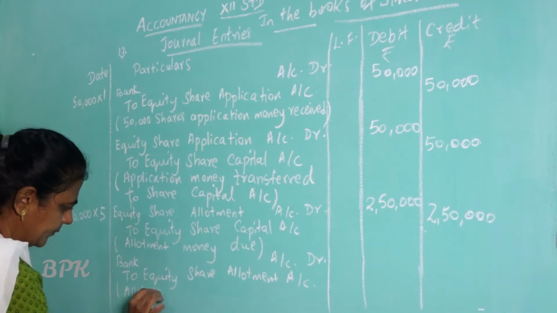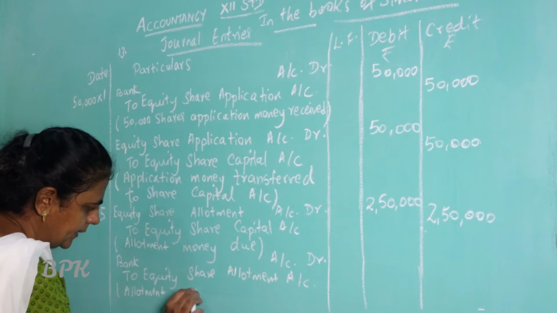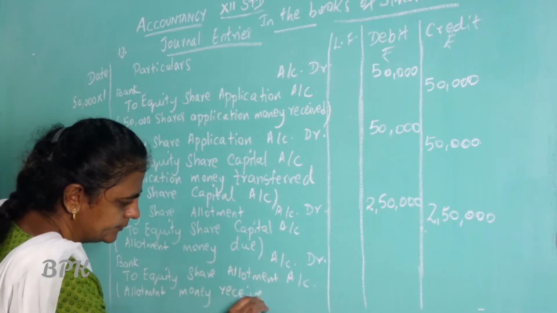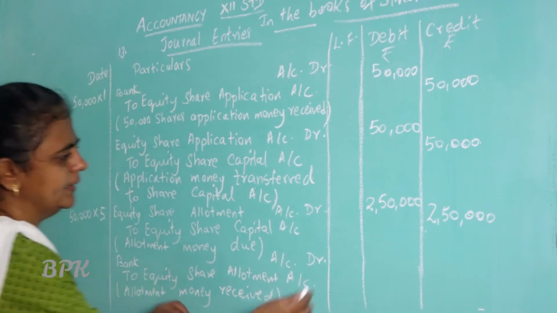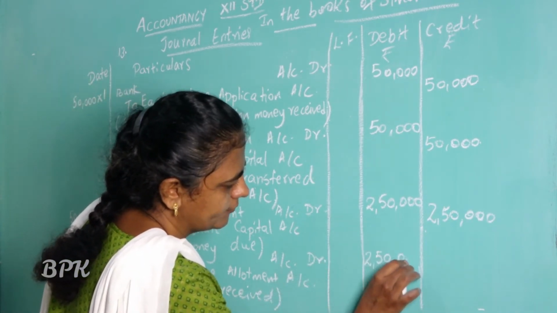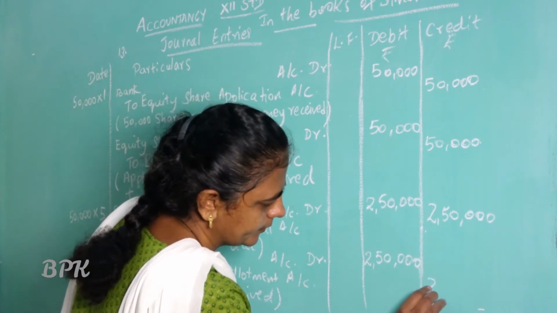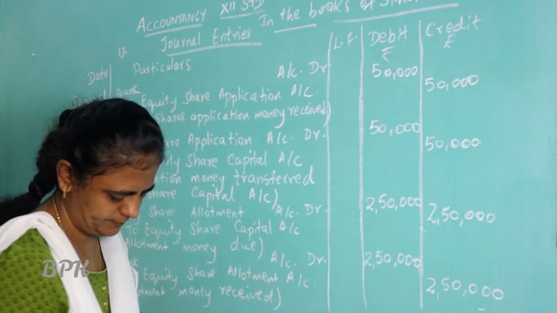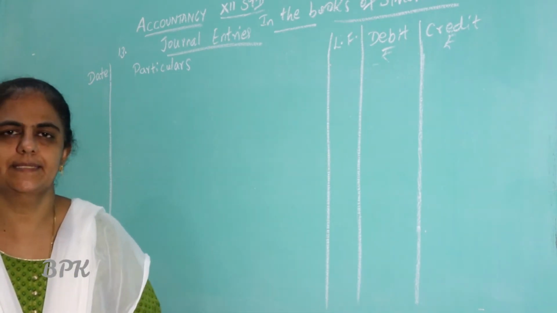Allotment money received. Again same amount, full money received. So 2,50,000, 2,50,000. What is the next entry?